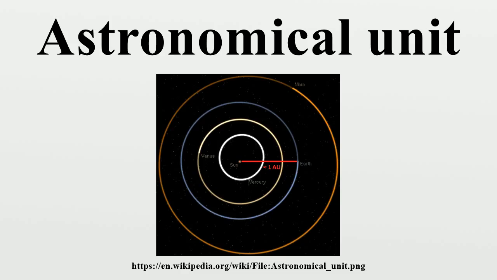A fuller definition that is consistent with general relativity was proposed, and vigorous debate ensued until in August 2012 the IAU adopted the current definition of one astronomical unit equals 149,597,870,700 meters.